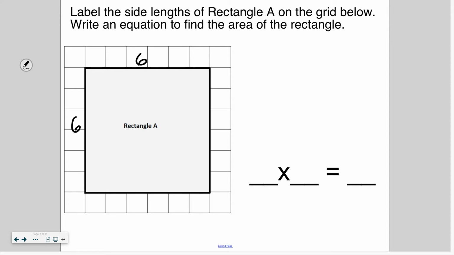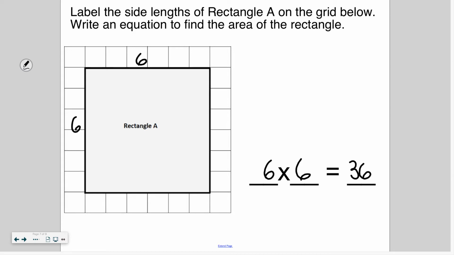So our equation would be 6 times 6. And what does that equal? What's the area of this rectangle? So that's 36.